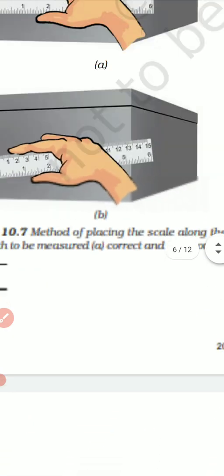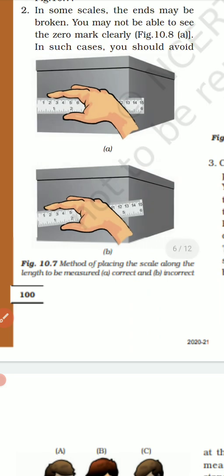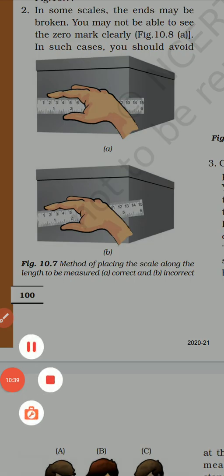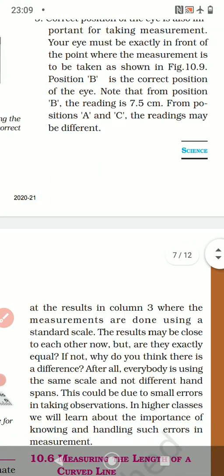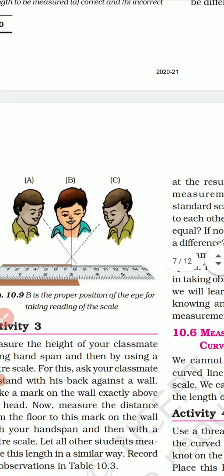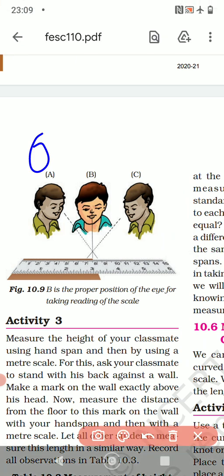So children, correct position for taking the measurement is position B, that you can see in the diagram. You can see here this position. This position B is the correct position because you are right in front of the scale.